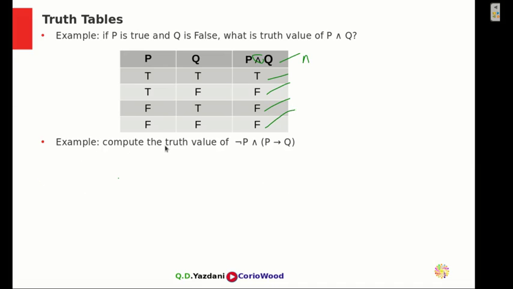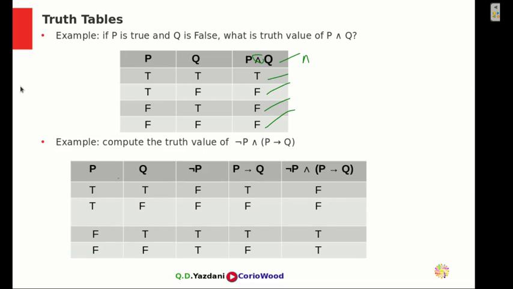Now we have the second example: compute the truth value of not P and P implies Q. How are we going to compute the truth value of the table for not P and P implies Q?